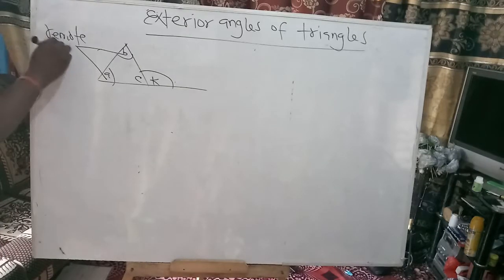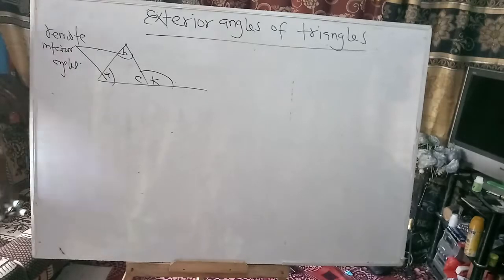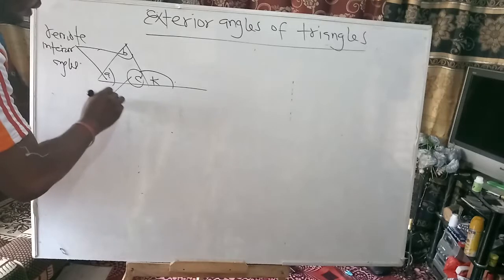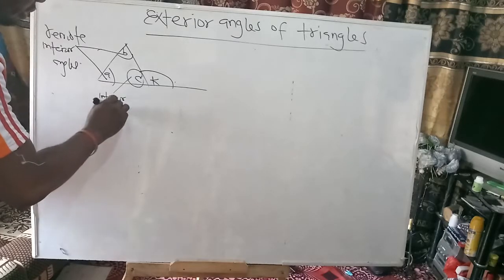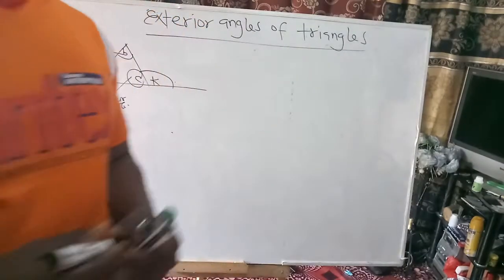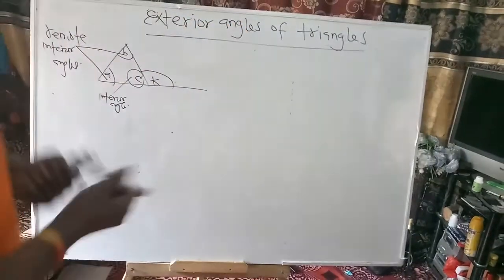Then we consider C as a normal interior angle. The K here, which is outside, is called an exterior angle.